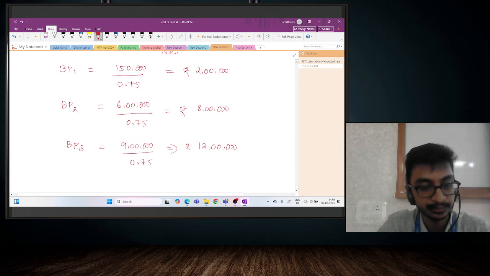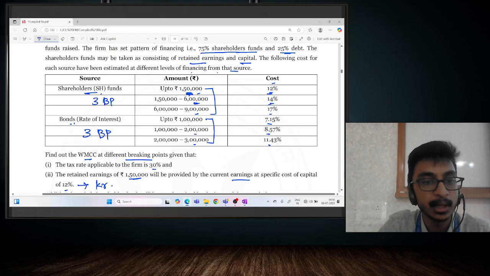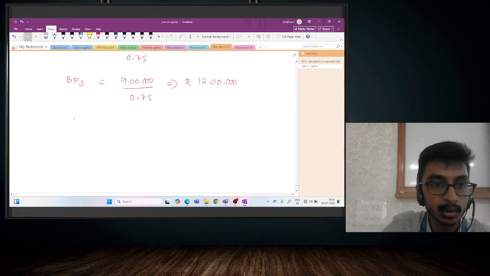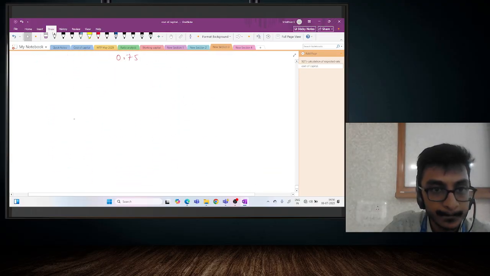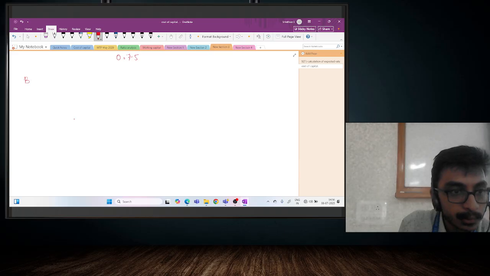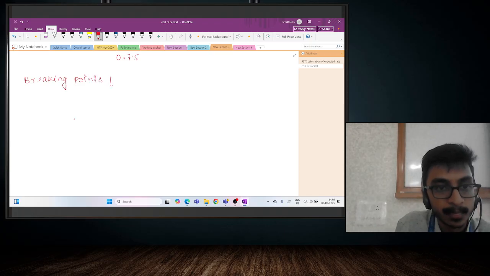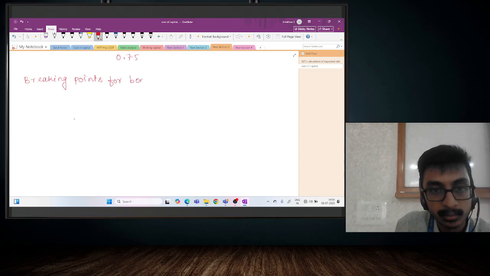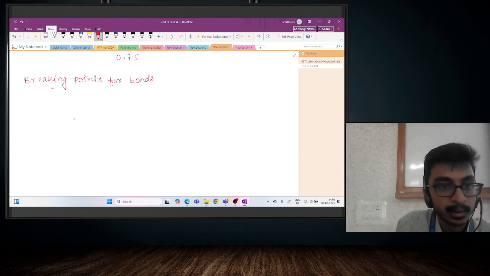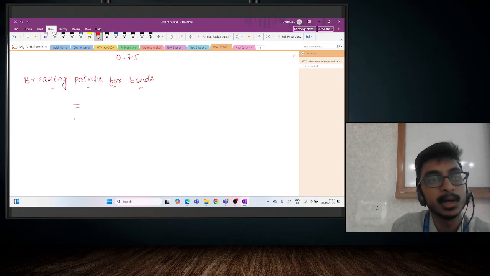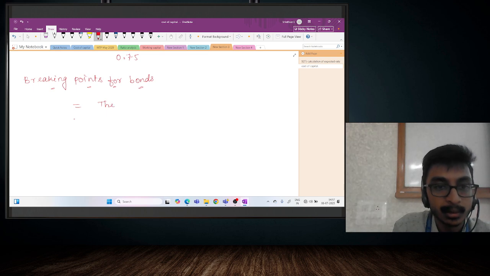Clear? Now similarly we have to calculate breaking points for bonds or debt funds. So what could be the formula for calculating the breaking point for bonds?